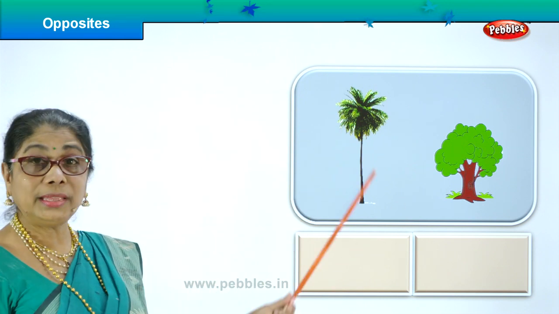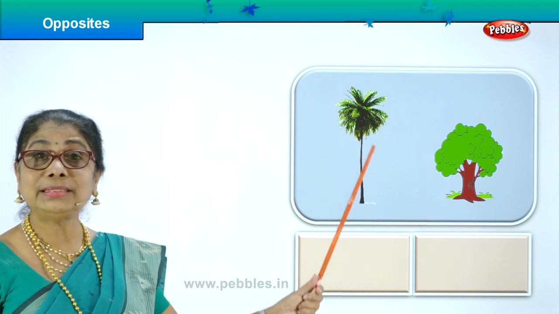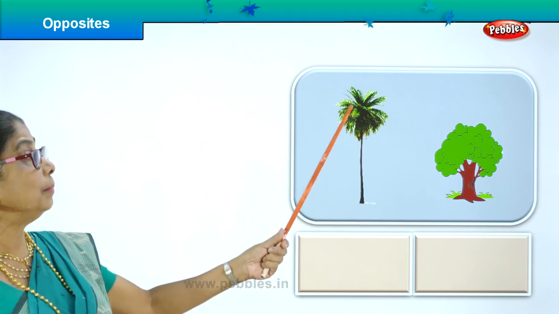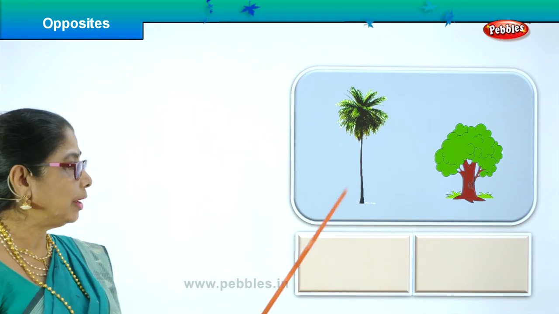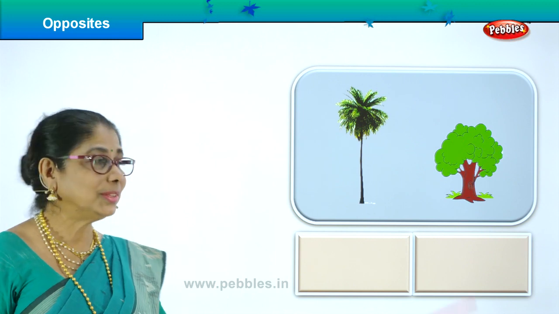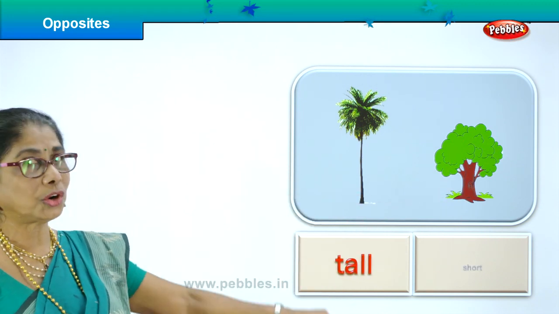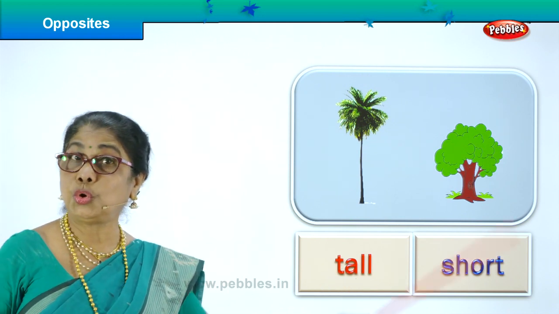You have a tree here, you have another tree here. This tree is tall. Palm tree is tall, mango tree is short. So we'll write tall, short. So this is the tall tree. What is the opposite of tall? Short. Spell tall, T-A-L-L, tall.